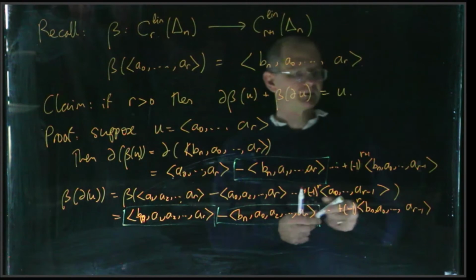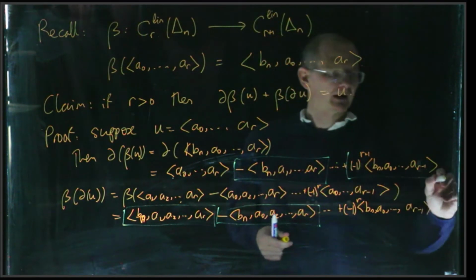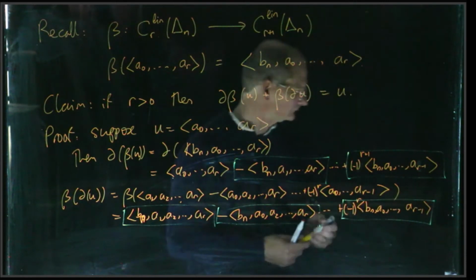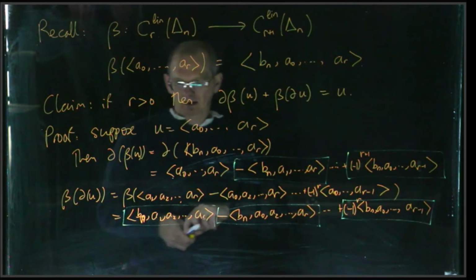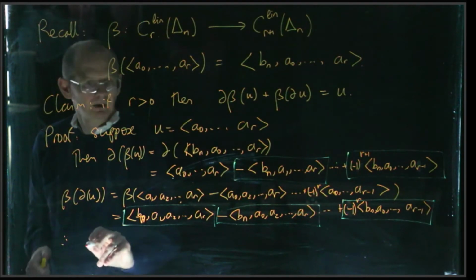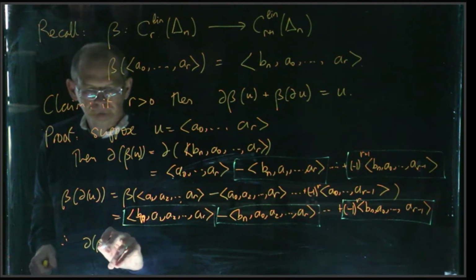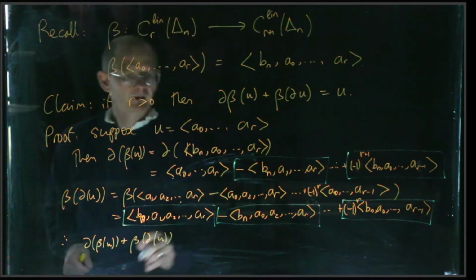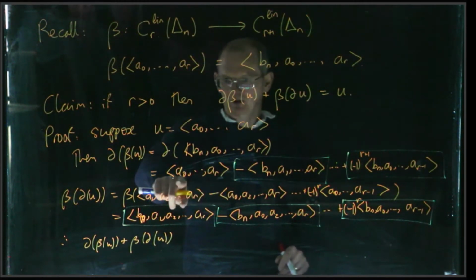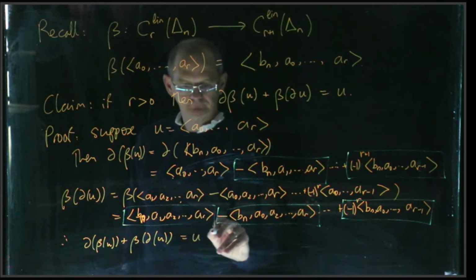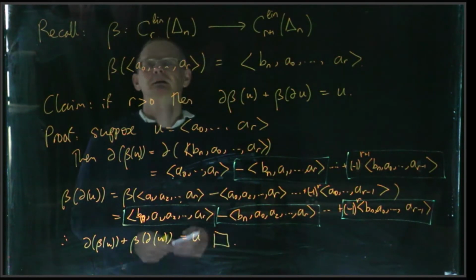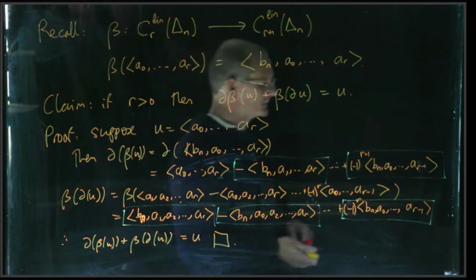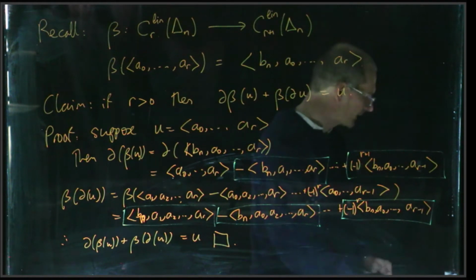So again, you've got opposite signs here and here, so this one is cancelling this one. So everything cancels apart from this original term here, which was just equal to u. Okay, so we've got beta d plus d beta is the identity in degrees strictly bigger than 0 anyway.